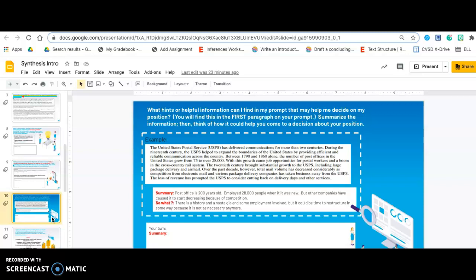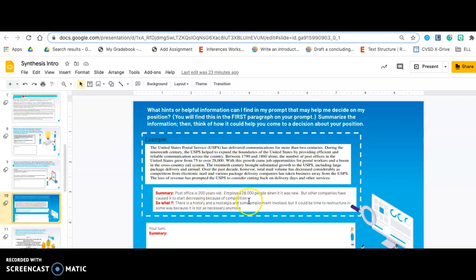I want you to read the beginning information from the first paragraph. This is your background information. I want you to do a quick summary of what they said, and I want you to do an evaluation of the so what. In other words, why does it matter? So after reading mine, I thought, okay, the post office is 200 years old.